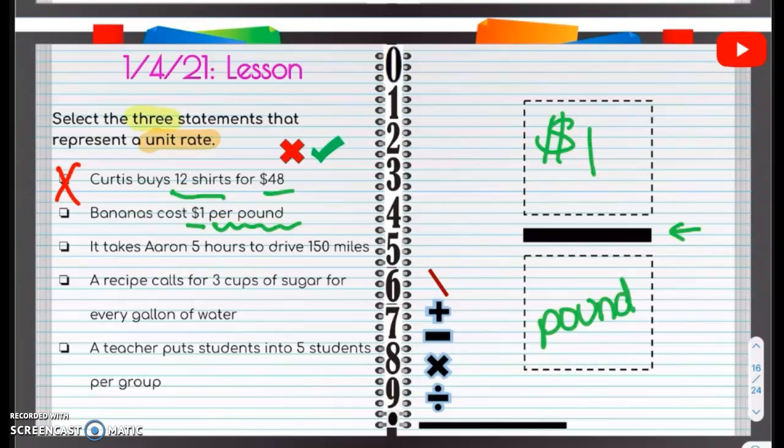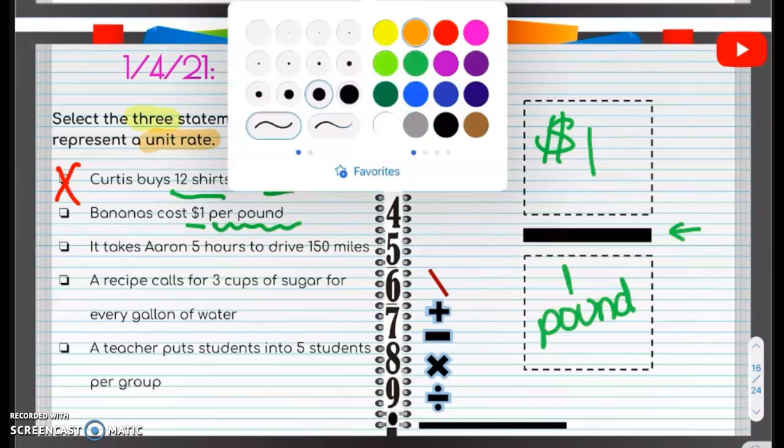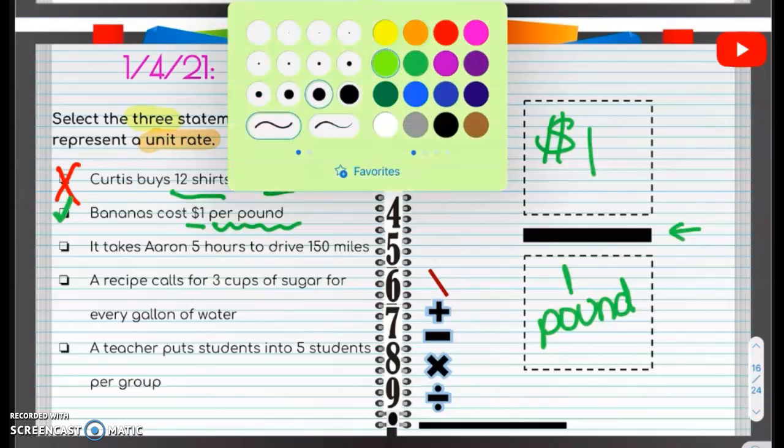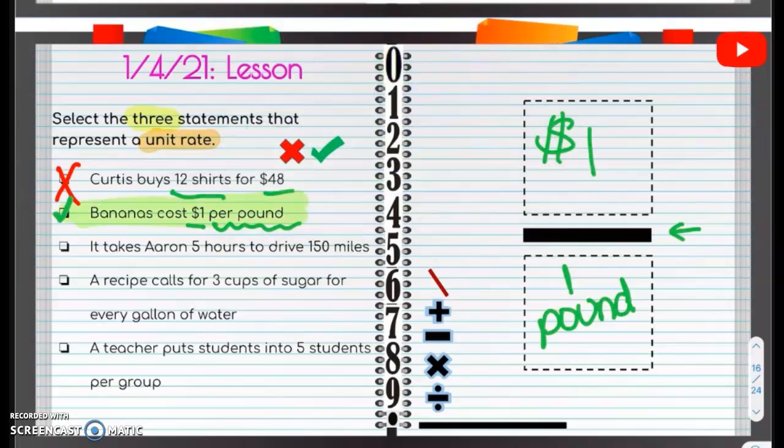So if it says per, that just means 1 pound. So is there a 1 in our denominator? Yes, so per pound, that is going to be one of our selections. So I'm going to actually highlight that green. So that's one of them.